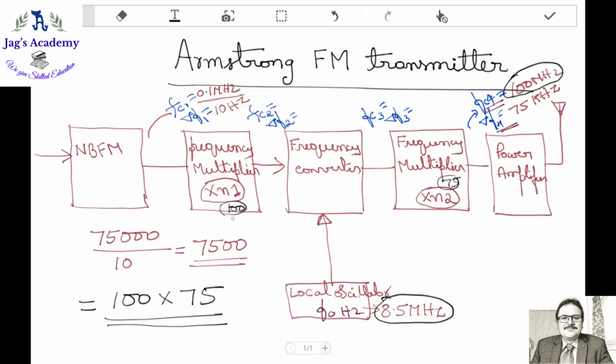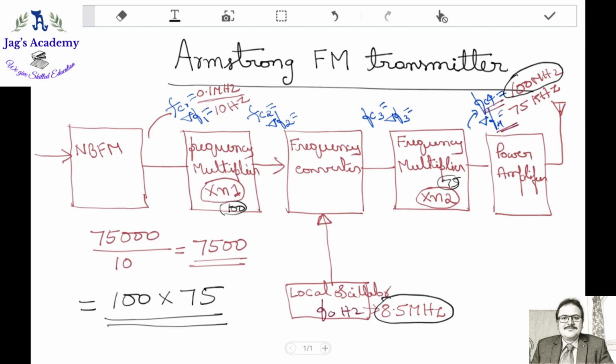Now when you put 100 here, what is FC2? FC2 is equal to 100 times FC1, that is 100 into 0.1 megahertz.